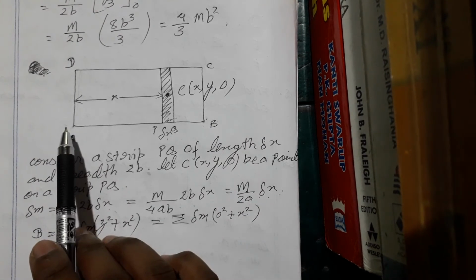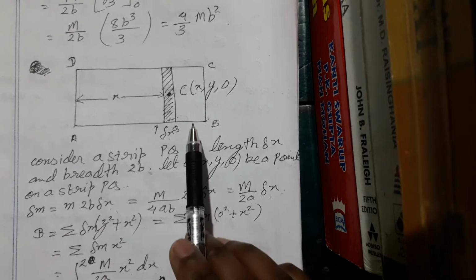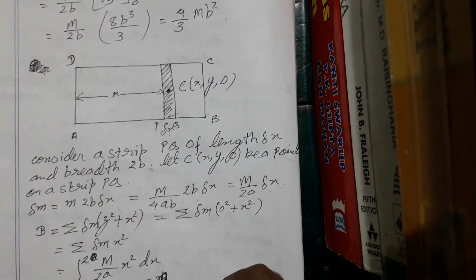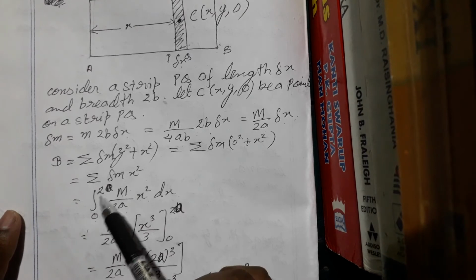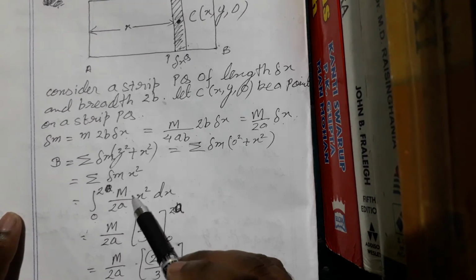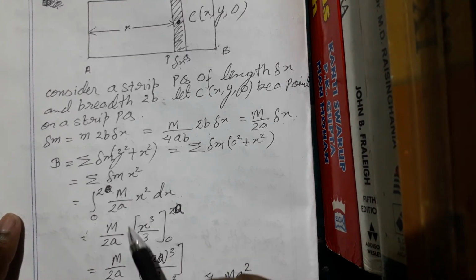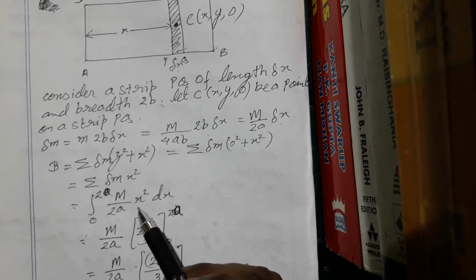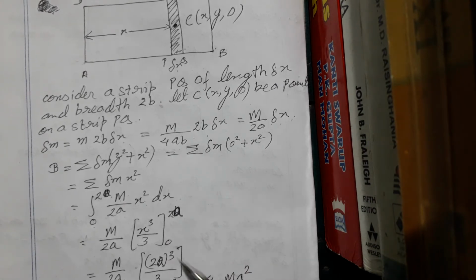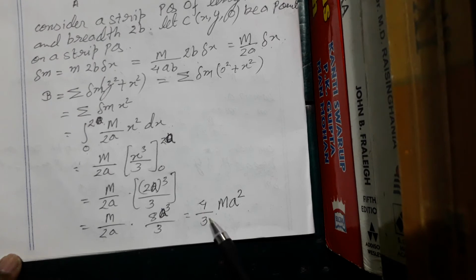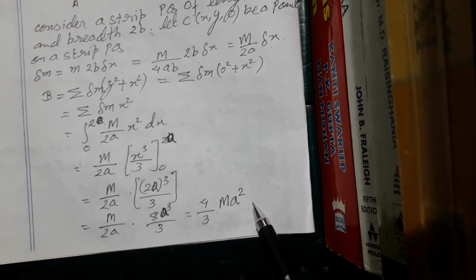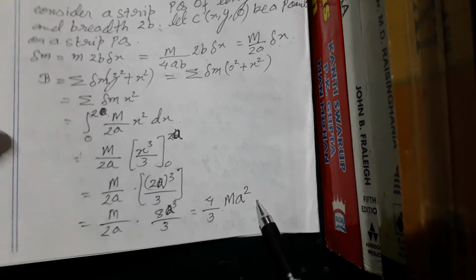The range of x is from 0 to 2a, so that's why we choose the limit from 0 to 2a. So we have M by 2a x squared dx. M by 2a is a constant and comes out of the integration, and we integrate and get 4 by 3 Ma squared. That is the moment of inertia about the y-axis.